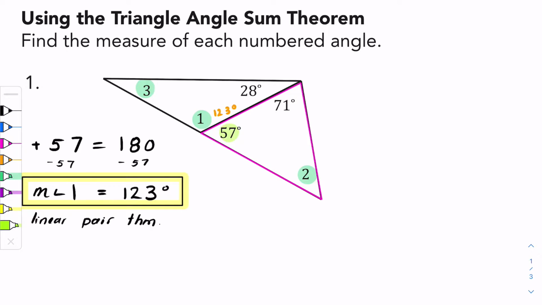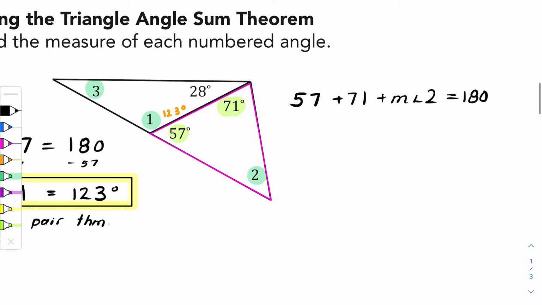I see that I have 57 degrees and 71 degrees, and I'm looking to find the measure of angle 2. So 57 plus 71 plus the measure of angle 2 is equal to 180. I know this because of the triangle angle sum theorem. All the interior angles of a triangle add to 180 degrees.